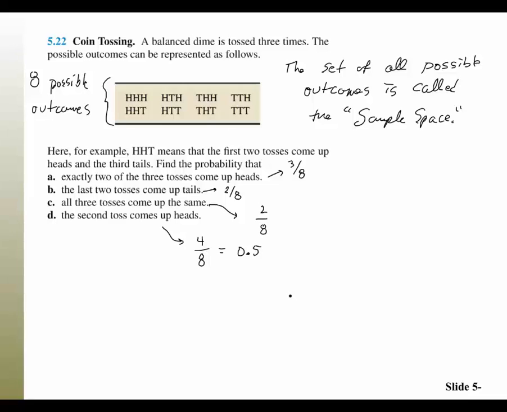So you can think of this one two different ways. You can count the number of outcomes out of 8, or you can just say, well, it's just talking about one toss being heads, and we know that's a 50% chance. Right? Okay, so we can label events with letters, usually capital letters.